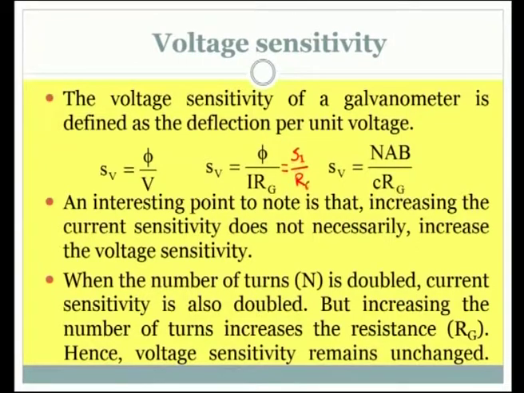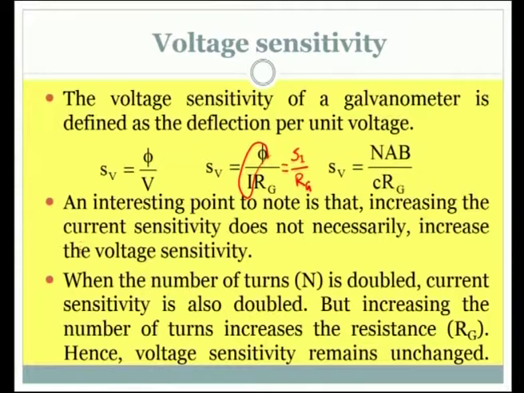So, this RG could be taken as a value. It is available from the data. When we purchase the instrument, the manufacturer would have given what is the RG, what is the resistance of it. In the specification of the instrument, we have these details. And phi by I is already a sensitivity called current sensitivity. So, that is separately shown here.